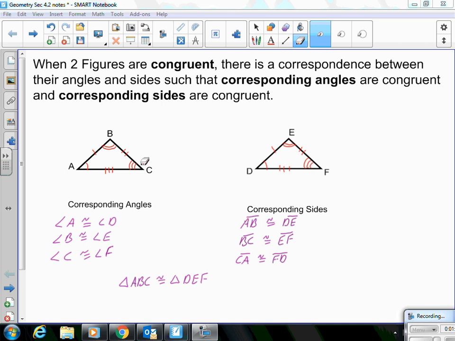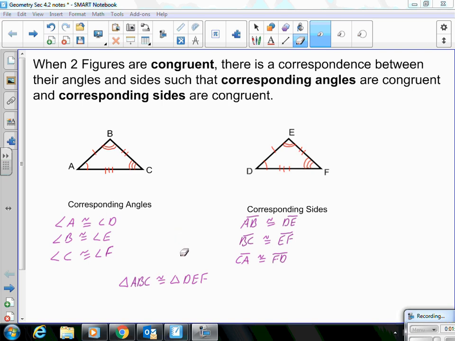And then as far as the sides go, side AB matches up with side DE, so they're congruent. Side BC and EF are corresponding, they're congruent. And AC and FD are congruent to each other and corresponding. So once we know that all the corresponding angles and all the corresponding sides are congruent, then we can say that the two triangles are congruent. Triangle ABC is congruent to triangle DEF.